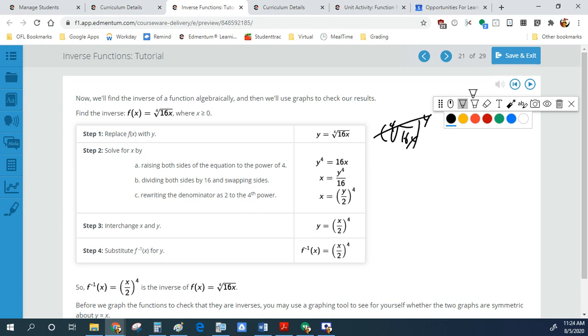It crosses out. They don't show the step, but you do cross it out that way, making that a 4. They're dividing by 16. I don't like how they keep switching these, so I'm going to leave it as 4y over 16.